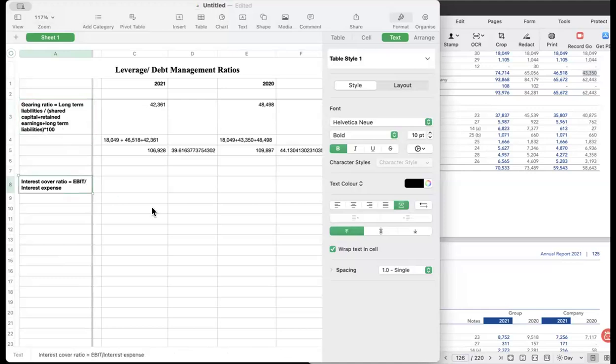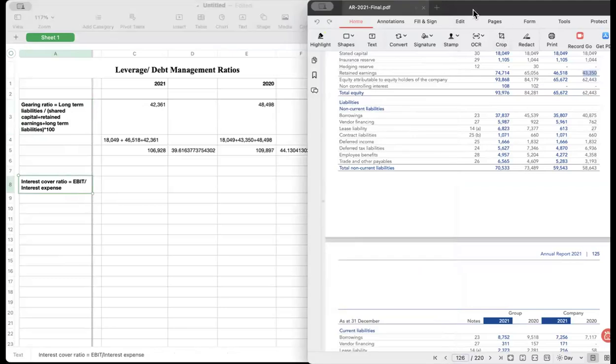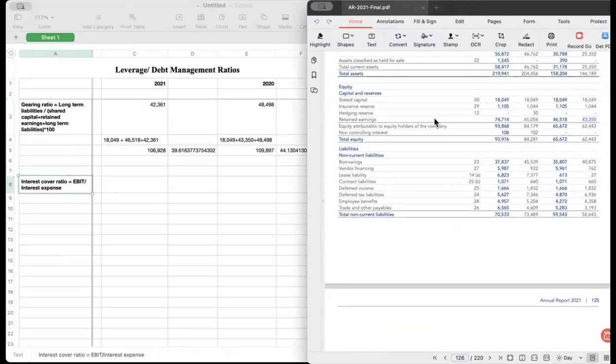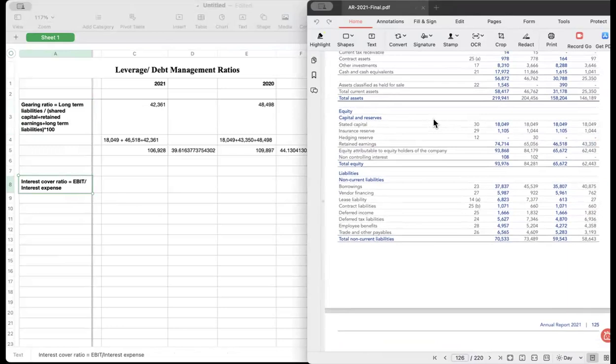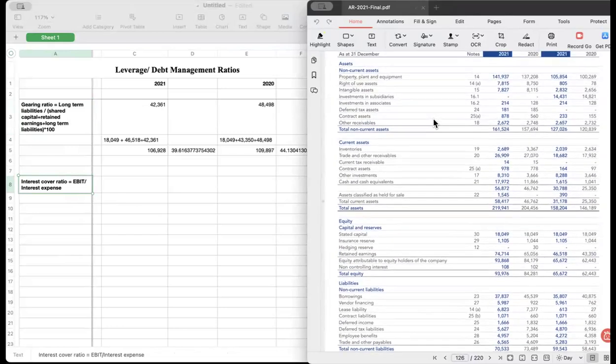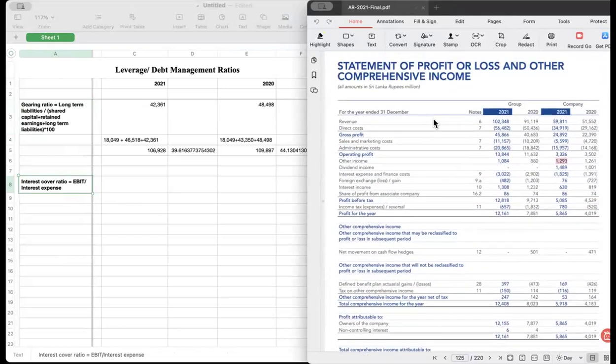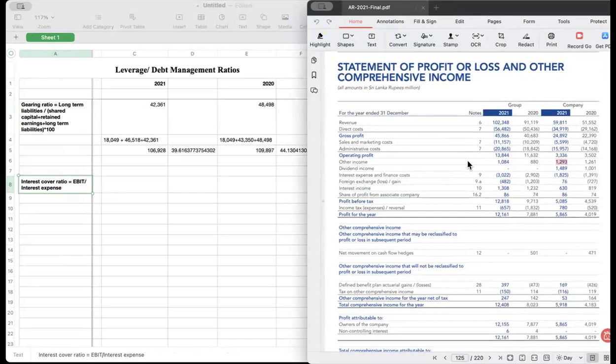And interest cover ratio, EBIT, and in this particular annual report, there's no EBIT. So therefore, I use the PBIT, which is profit before interest and tax. And for that, I use the operating profit, which is provided here. Right? So I will show you the calculations now.